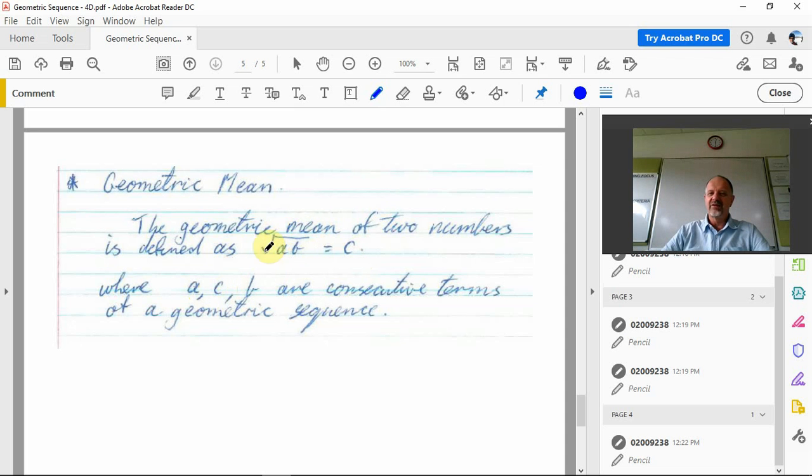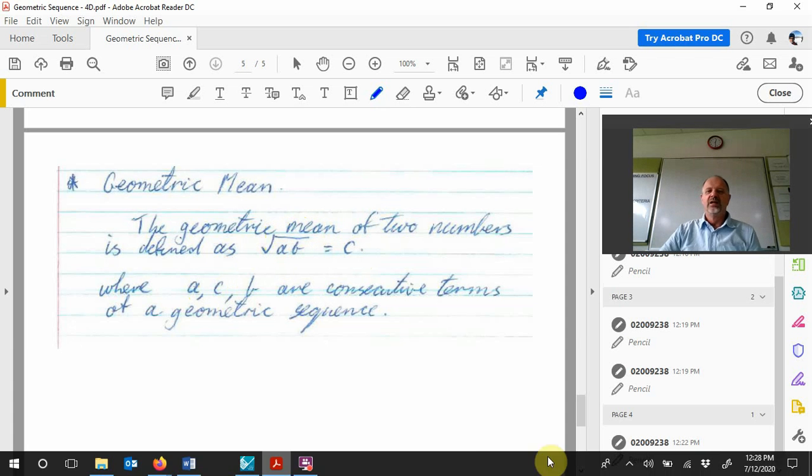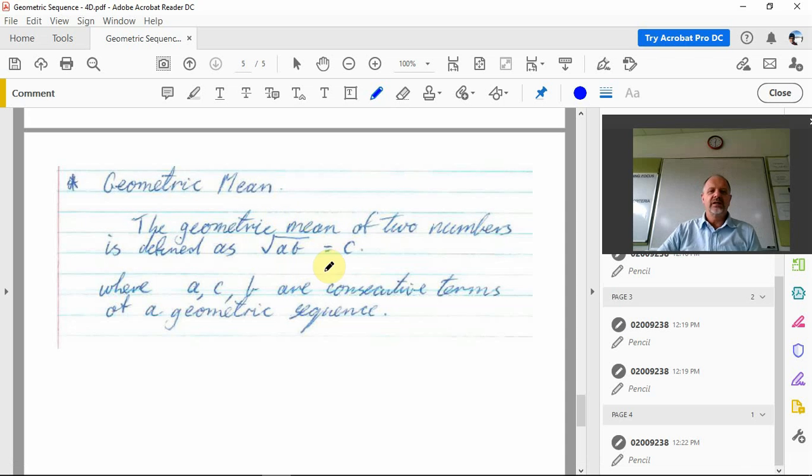Remember, for the arithmetic we added and then we divided by 2, so now we're multiplying, and so we've then got a square root. All right, so C, which is the middle term in between A and B, is the geometric mean, and so you multiply by the same ratio there.